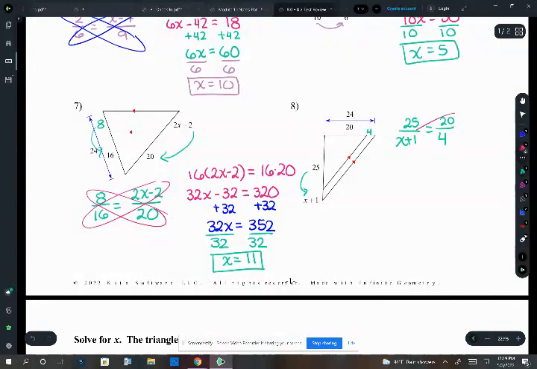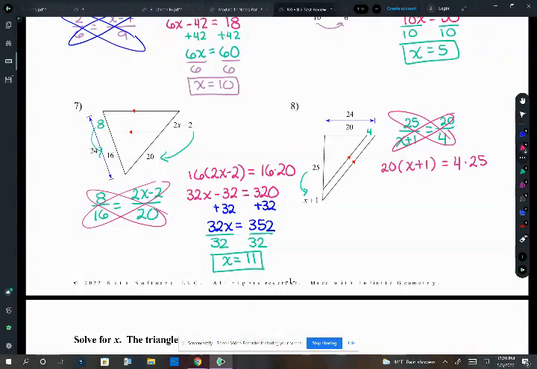And then cross product. So 20 times x plus 1 is equal to 4 times 25. Distributive property, so 20 times x is 20x. 20 times 1 is 20. 4 times 25 is 100.